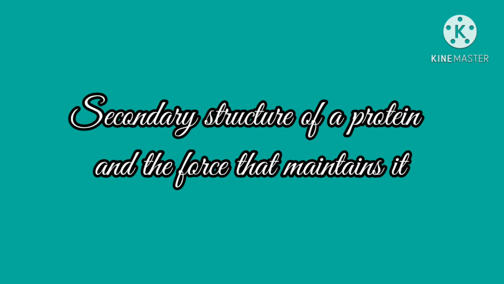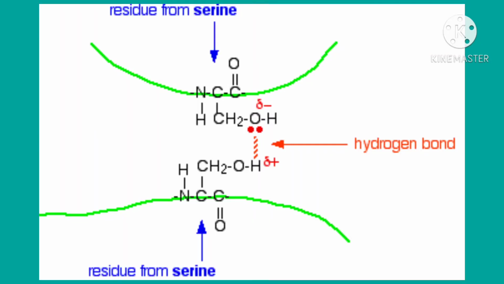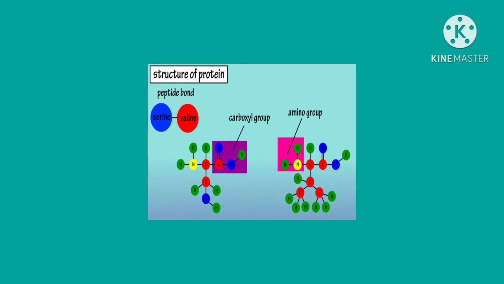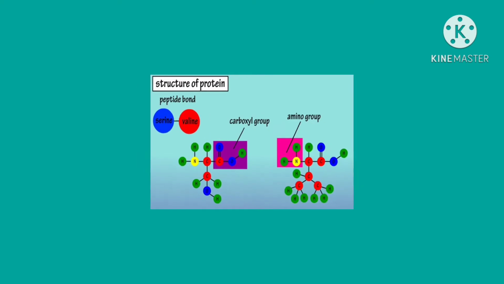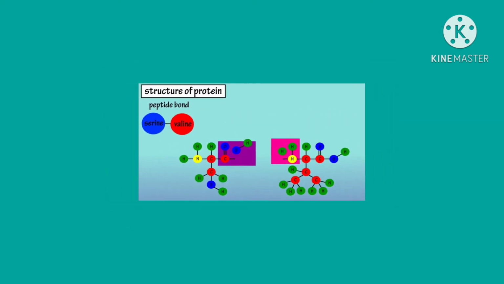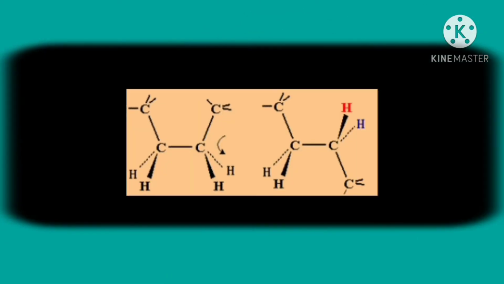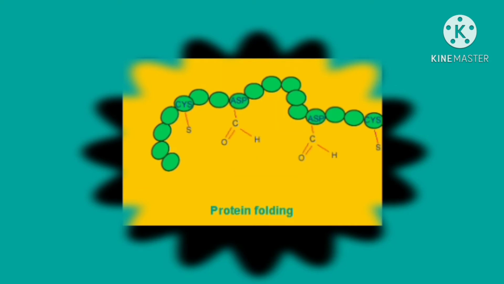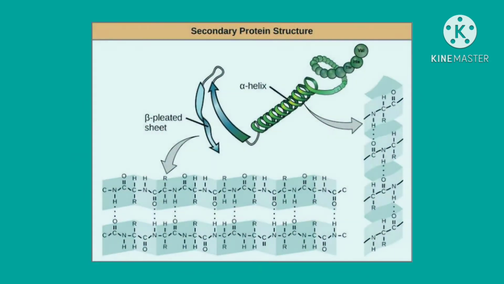In the formation of the secondary structure, a force such as a hydrogen bond plays a role in maintaining the secondary structure of proteins. Previously, with the primary structure, the amino group and carboxylic group are the mediating factor to connect one amino acid to another. Because of this, hydrogen bonds are formed that enable the protein structure to have its folding, which is either alpha helix or beta sheet.